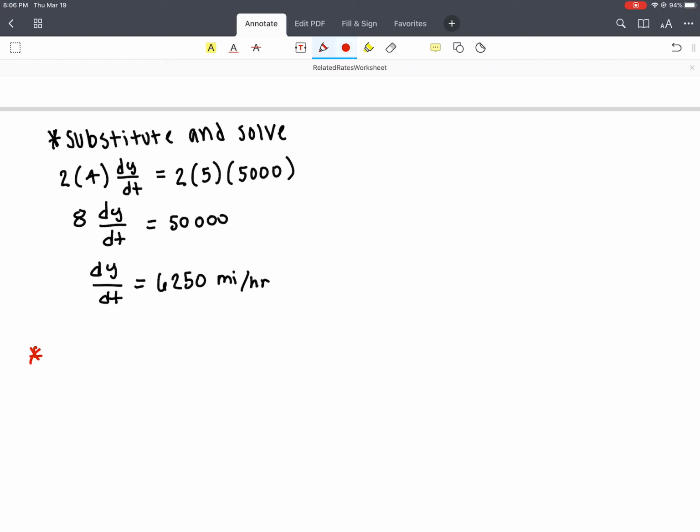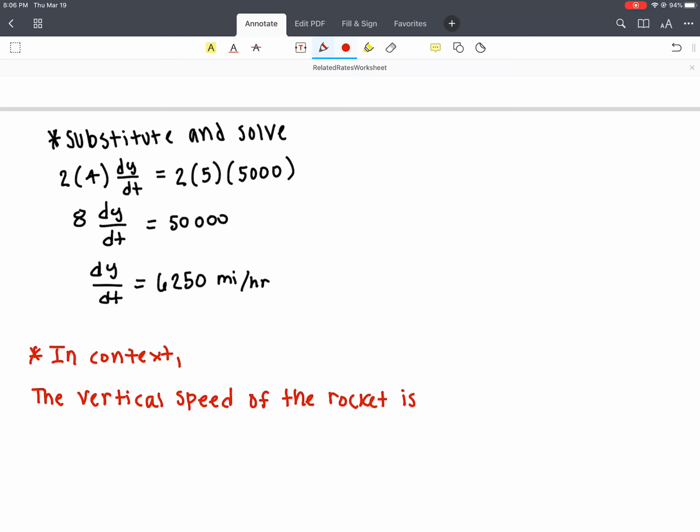Putting things back in context, the vertical speed of the rocket is 6,250 miles per hour.